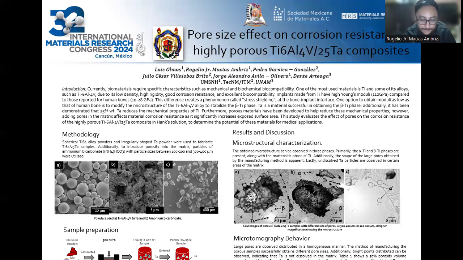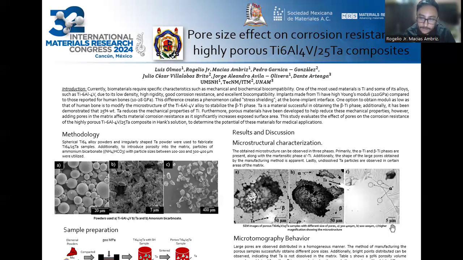The results. First, microstructural information was obtained by scanning microscopy. It can be observed that the titanium samples with tantalum present a biphasic microstructure, alpha and beta, where alpha is the dark phase and beta is the light zone.